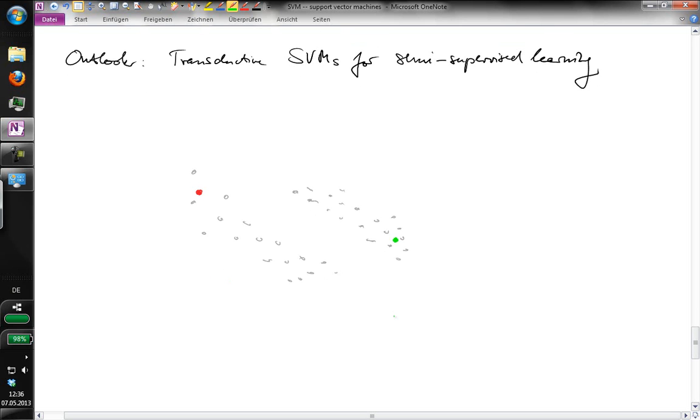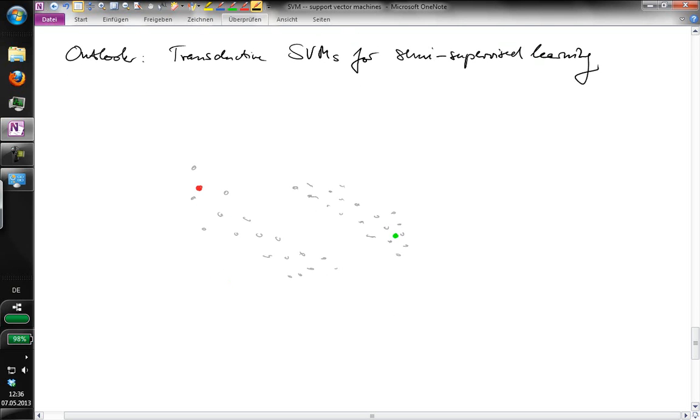So for semi-supervised learning, more formally, I could say that I have training data xi, yi with i running from 1 to L. These are the labeled observations, labeled training observations.